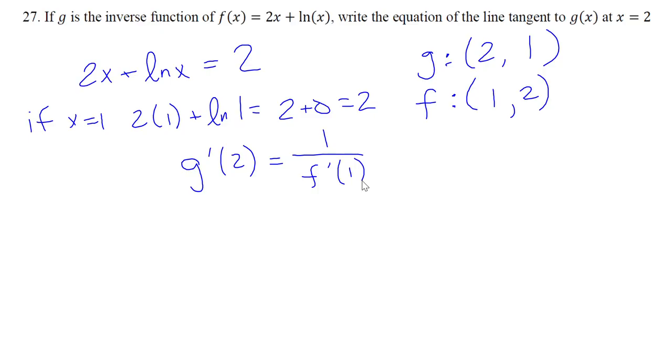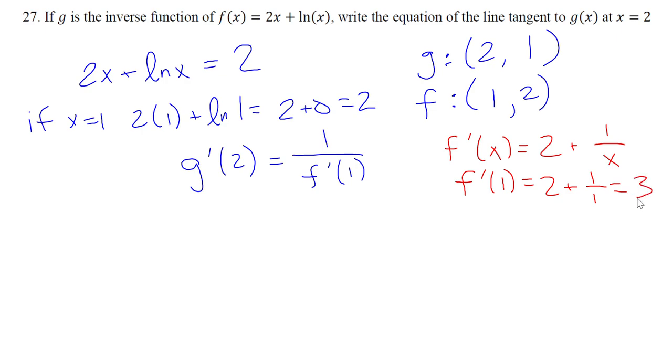So, well, f prime of 1 we'll need to find. So we need to find f prime of x first. Well, f prime of x will be 2 plus 1 over x, right? Because the derivative of 2x is 2, and the derivative of ln x is 1 over x. So now we want f prime of 1, which will be 2 plus 1 over 1, or 3.